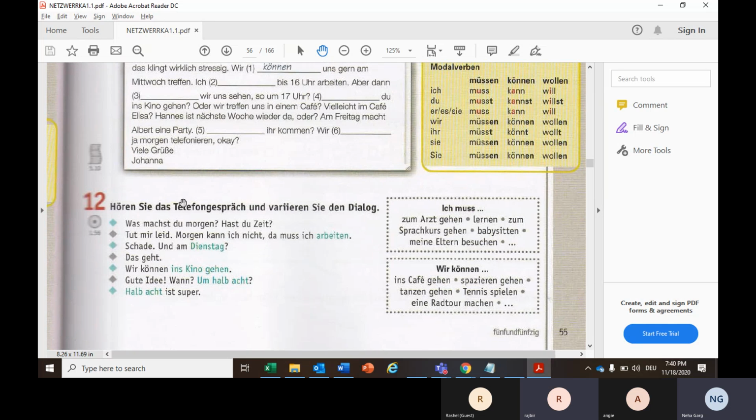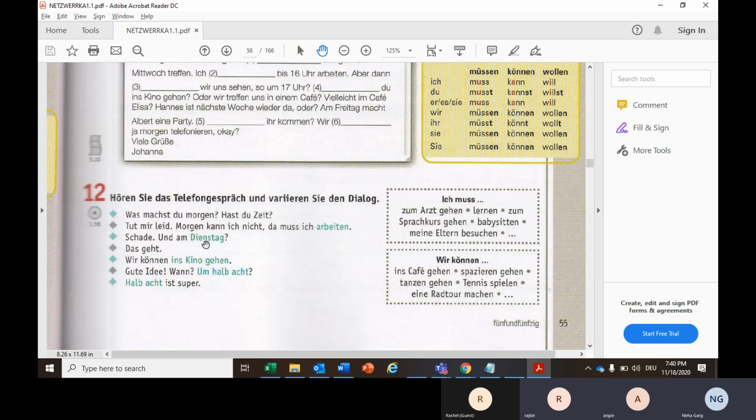Was machen Sie morgen? Haben Sie Zeit? So that's how it will go. Could you repeat, please? You have to replace du with Sie. Sie, the formal way. Then the conjugation would be different, right? Machen. Machen. Yeah.